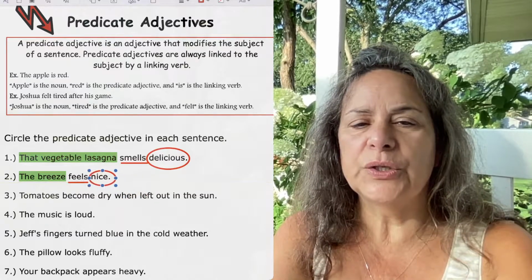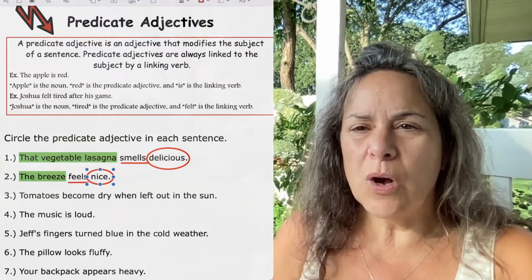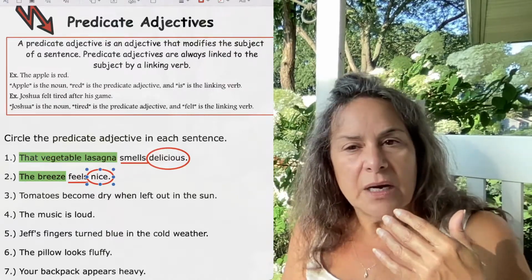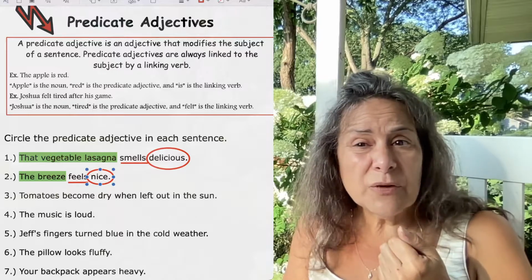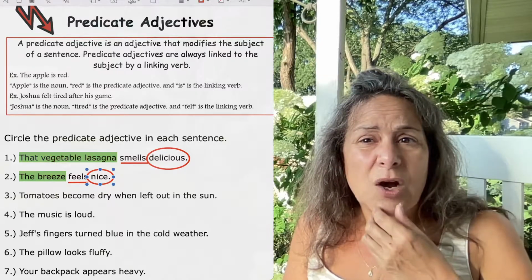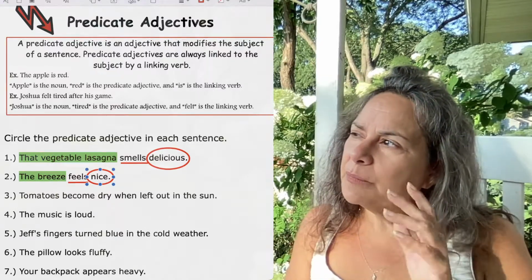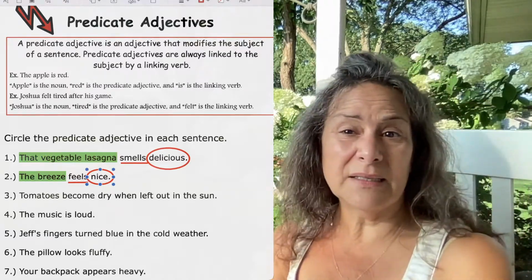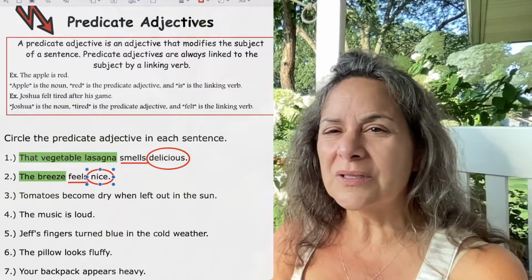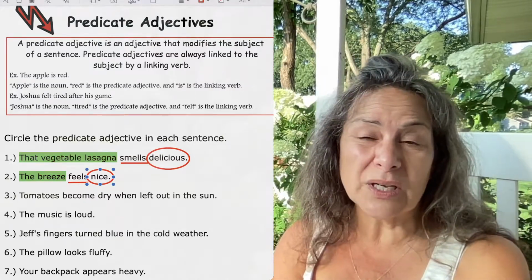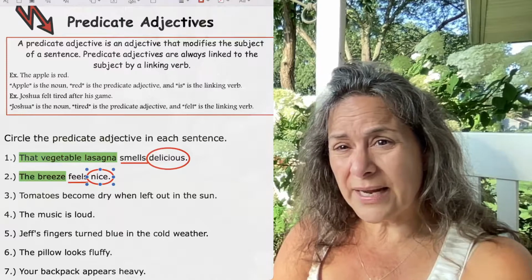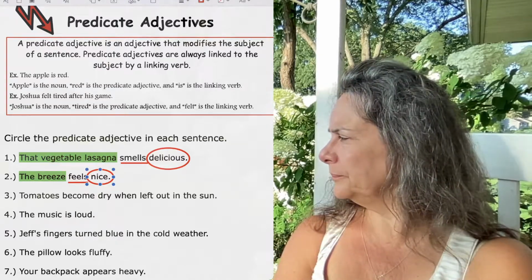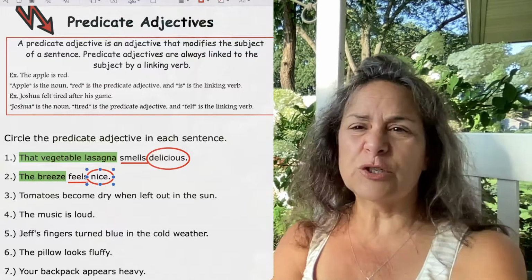Now, when we're learning all of this, what we're learning is how to better describe or communicate whatever we want to say, right? When I am talking about the breeze, I need a description. Nice describes it, but maybe cool describes it, or maybe refreshing describes it, or maybe welcome, maybe it's welcomed.